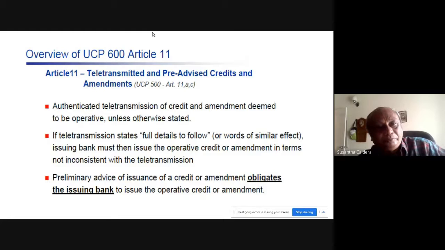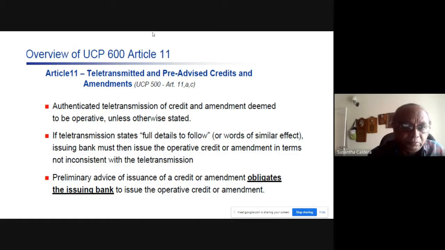Article 11. Teletransmitted and pre-advised credits and amendments. This is not used much now.